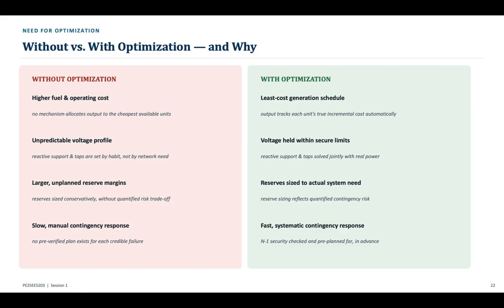And here you have a table, without and with optimization, and why. Without optimization: higher fuel costs and operating costs, unpredictable voltage profile, larger unplanned reserve margins, slow manual contingency responses. Why is this happening?